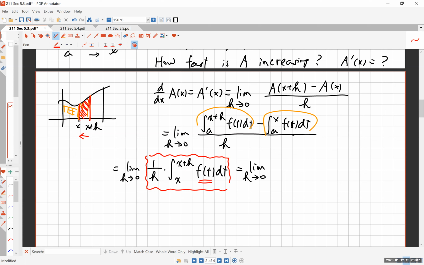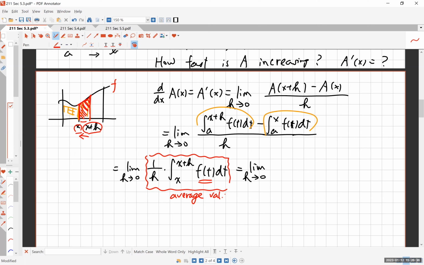I mean, let's look at this. The average value of f between x and x plus h would be the integral, basically the area under this curve, f, in this interval divided by the length of this interval, which we used to call b minus a, but it's this minus that, which of course is h. So this is the average value of f.